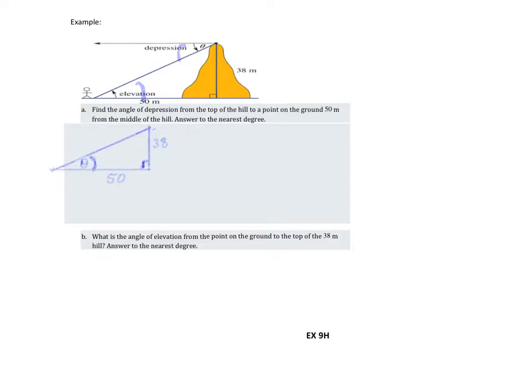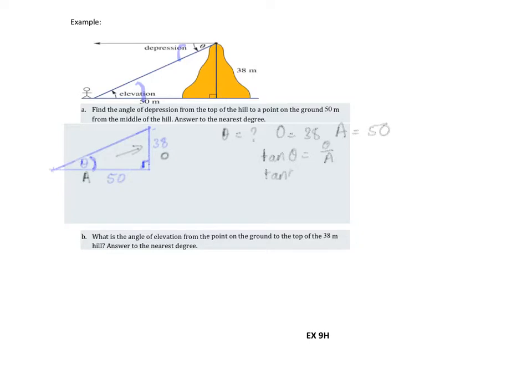Let's label our triangle. We have the side from the given angle, which is the opposite. Between the given and the right is the adjacent, and theta is what I'm looking for. So theta is my unknown, my opposite is 38, and my adjacent is equal to 50. They all seem to be tan, don't they? So tan theta equals opposite over adjacent.